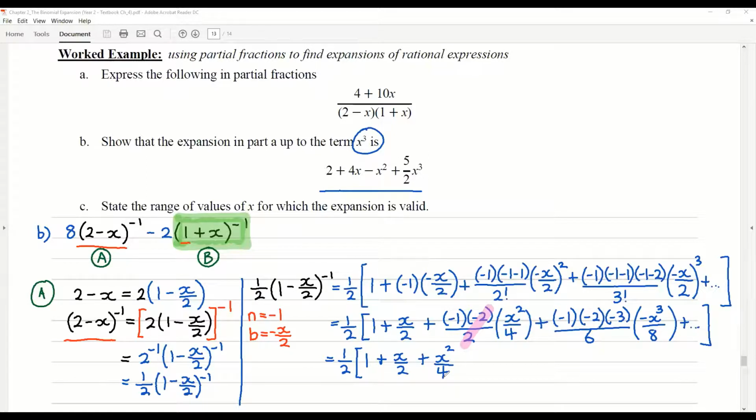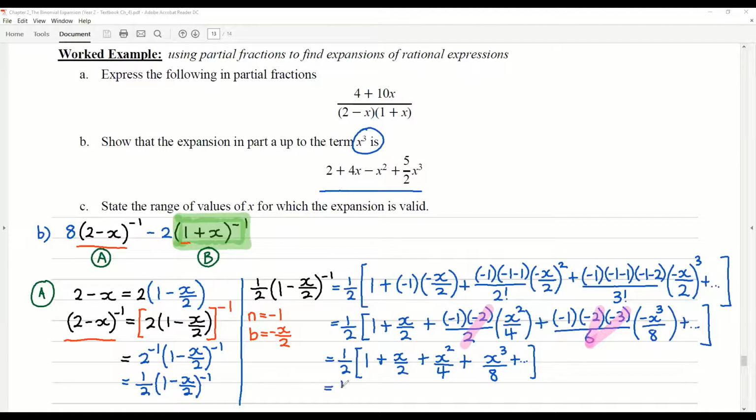That's going to be a positive, definitely, and it fits in with the pattern, which is a good sign again. All right, and then we have lots of cancellation. So let's just have a look at this. Well, the 2 and the 3 will cancel with the 6. So we're left with a rather nice expansion here. So this is going to be x cubed over 8 plus some more terms.